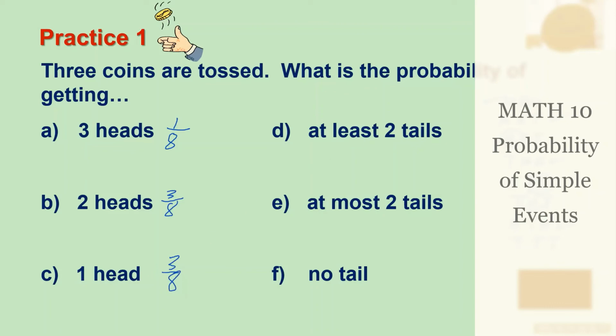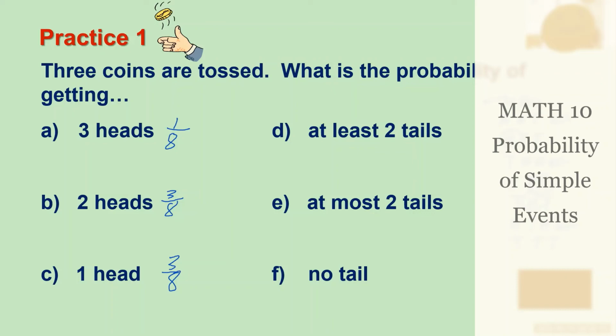Pag 2 heads, please check kung tama yung pagkalagay ko. Baka mali, so all heads, head, head, tail, head, tail, tail. Walang naulit, no? Tail, head, head, tail, tail, head, tail, head, tail, head, tail, head, all tails.